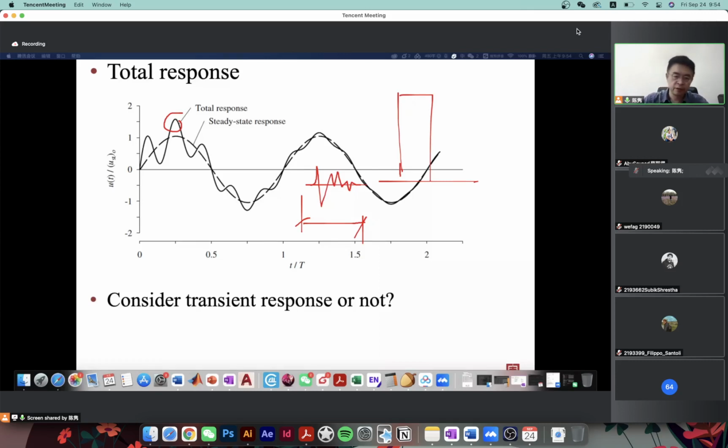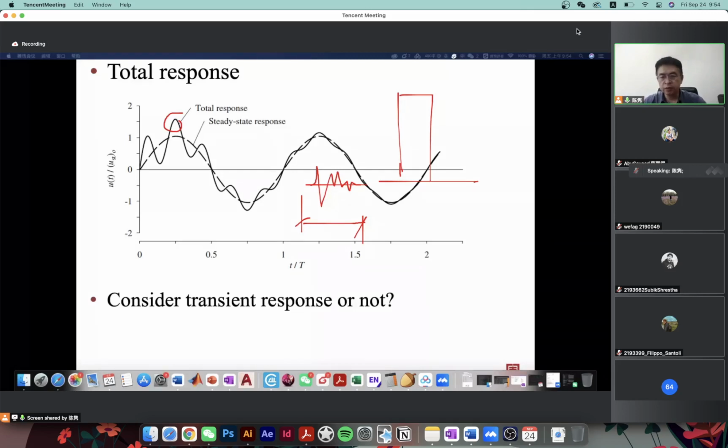You have a running machine subjected to a harmonic loading, and machines always run for a very long time, like an engine. Because the excitation time is very long, they usually only consider the steady state response and don't consider the transient.